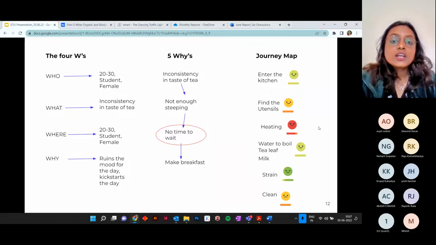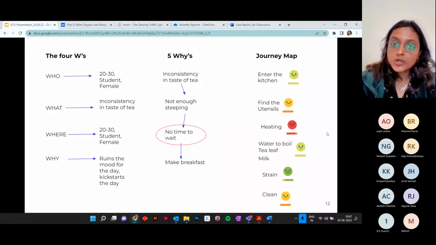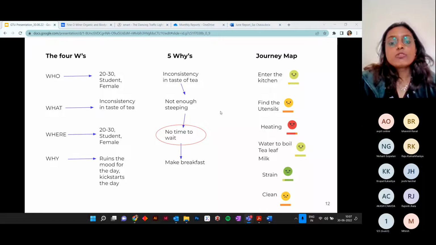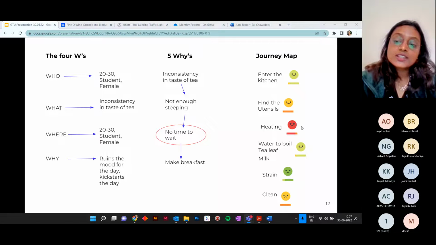So what this does is, you may ask the person what the problem is, and they will tell you, or as we did with the Five Whys, there is no time to wait. But when you ask them about emotions on the side, then you see that the heating is actually maybe contributing to my irritated behavior in the morning as well. So, is there something we can do about it?